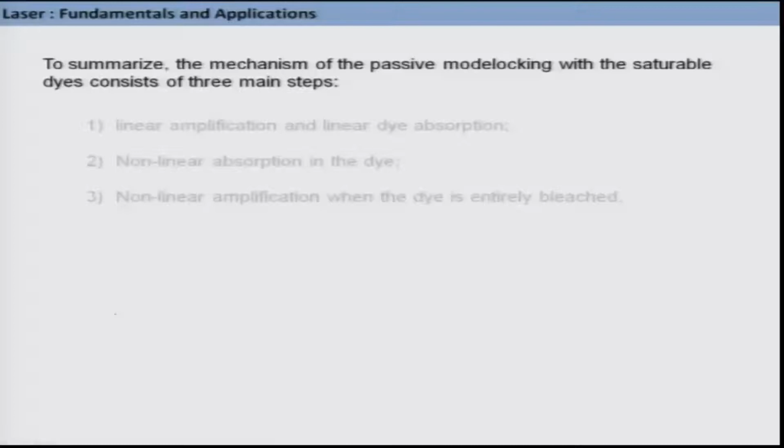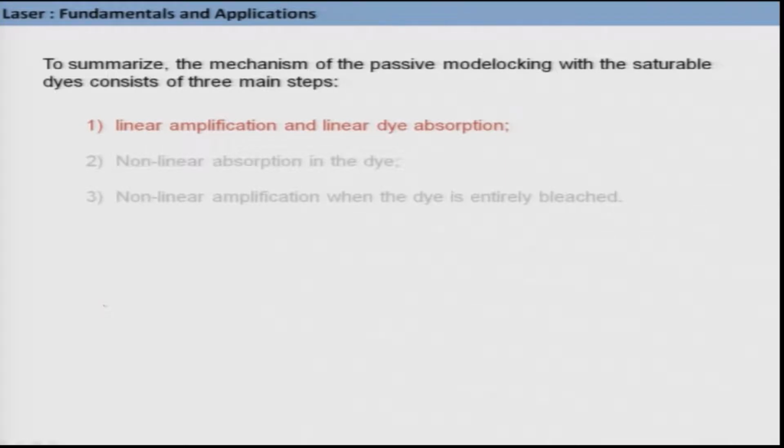So we will summarize this process of passive mode locking. Essentially it has 3 main steps. The first one is the linear amplification and linear dye absorption.